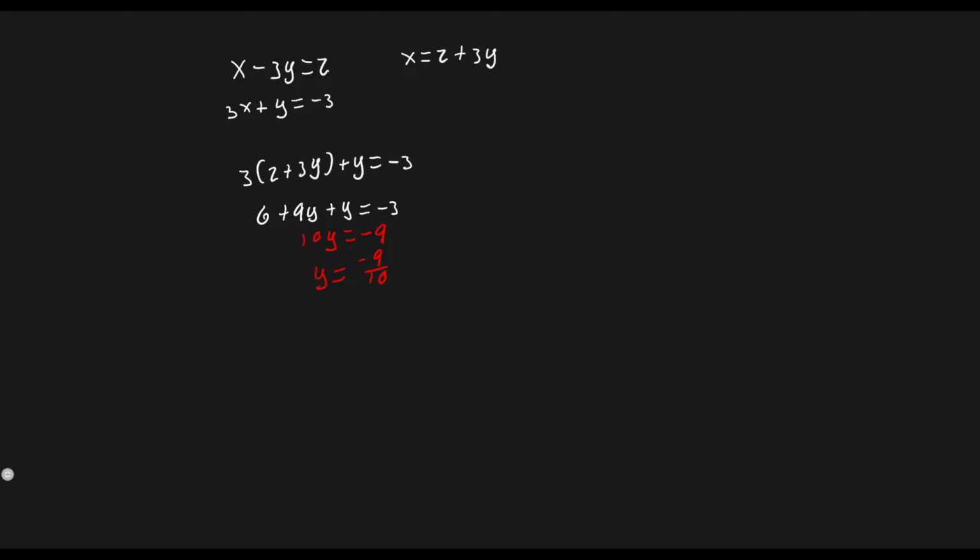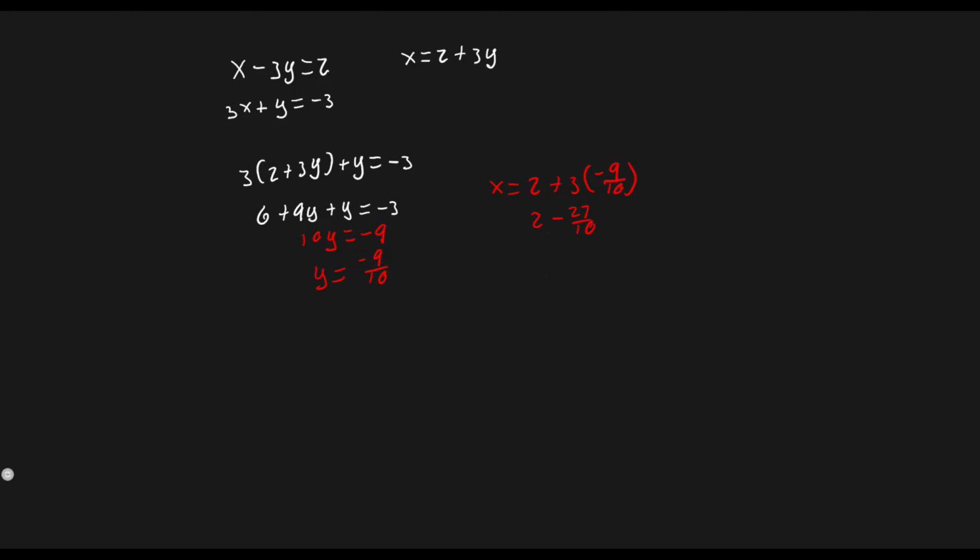So let's plug that into our equation for x, where we will get x is equal to 2 plus 3 times negative 9 divided by 10. Now we multiply the 3 into the fraction. We will get 2 minus 27 divided by 10.